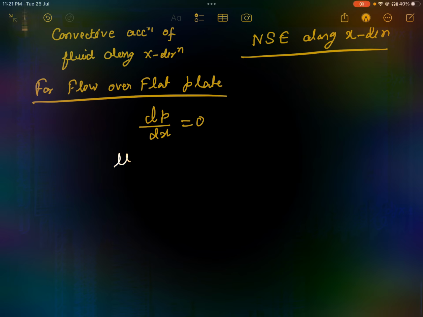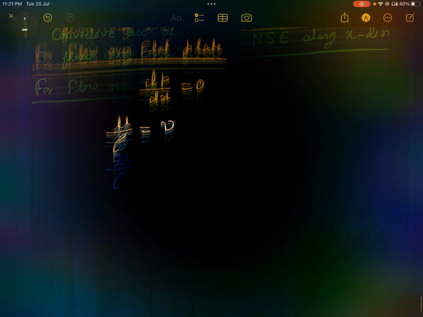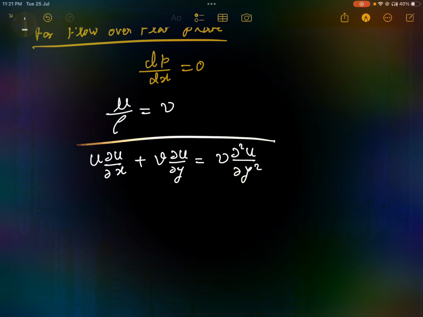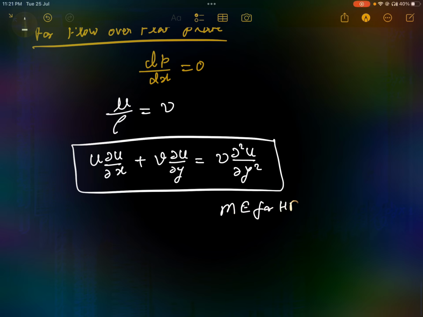And if we put mu by rho equal to nu, that is the kinematic viscosity, the resulting momentum equation for the hydrodynamic boundary layer will be u del u upon del x plus v del u upon del y is equal to nu del square u upon del y square. This is the momentum equation for the hydrodynamic boundary layer.